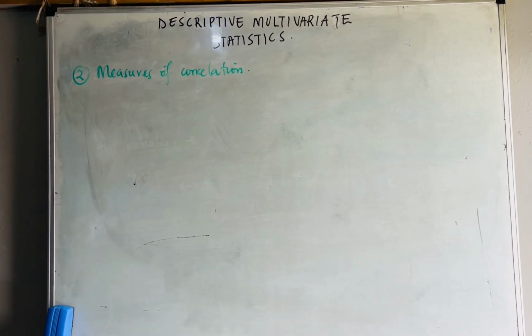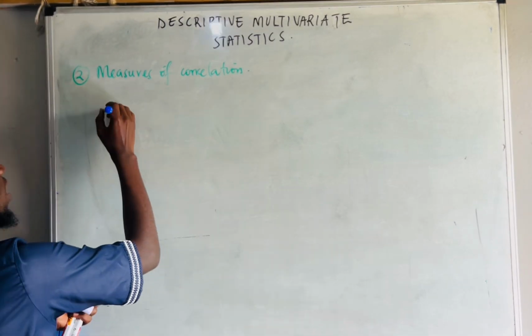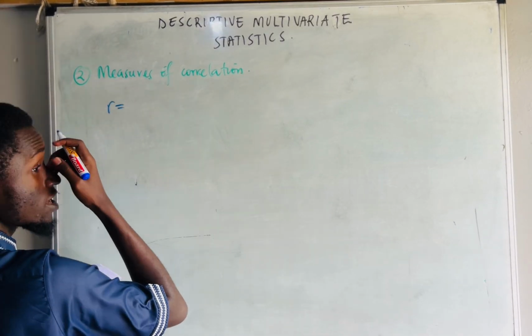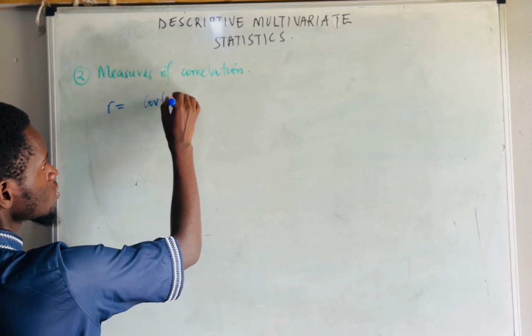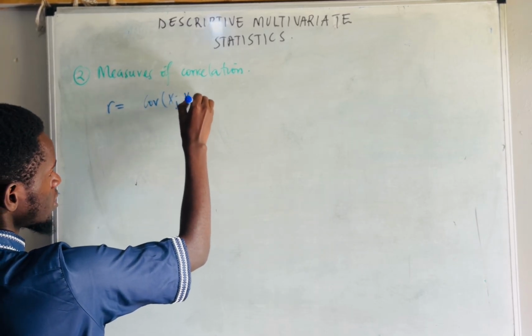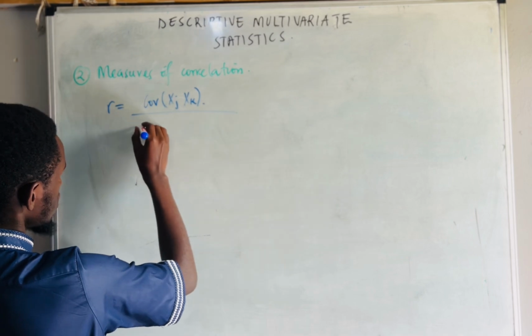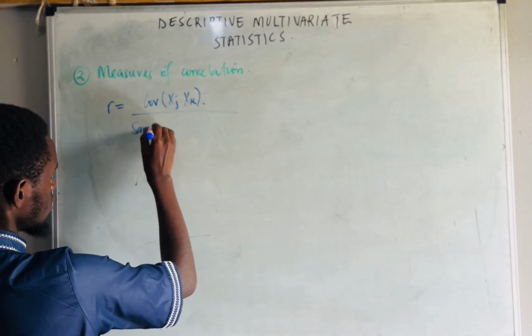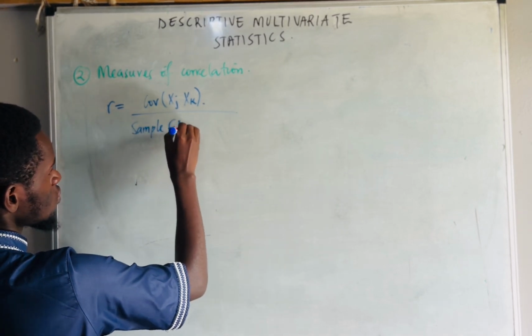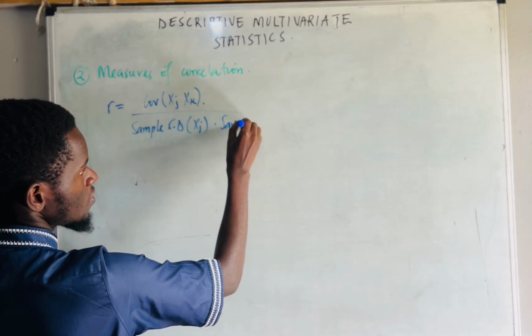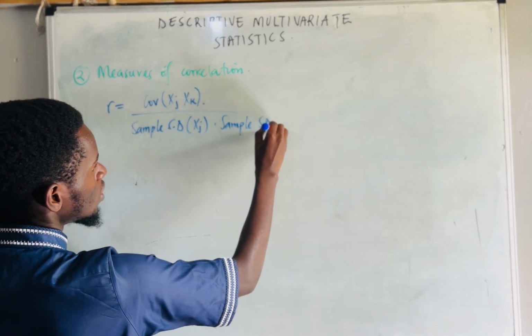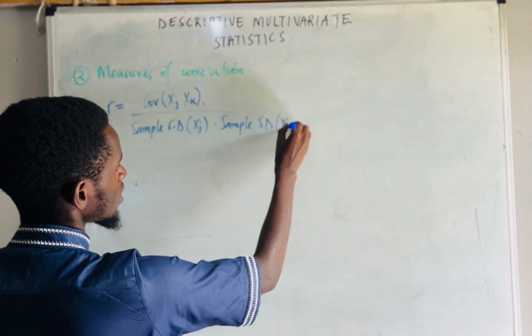And the measure of correlation is just simple. We know that if you have a simple correlation r, small r, it's going to be the same as having the covariance between xj and xk divided by the sample standard deviation of xj times the sample standard deviation of xk.